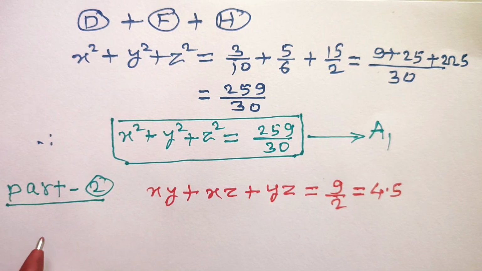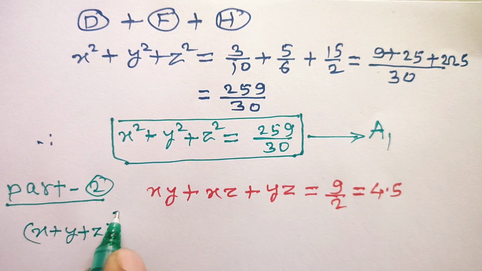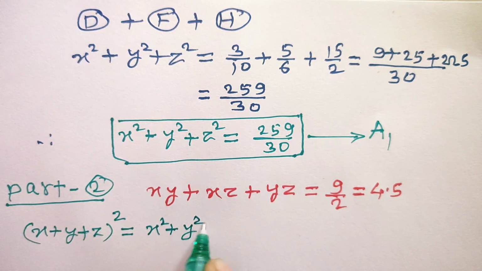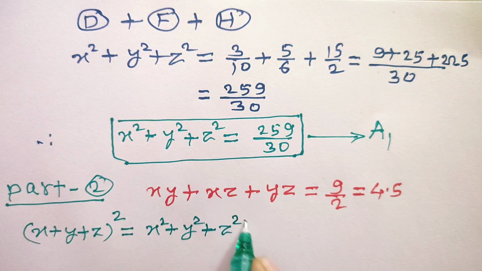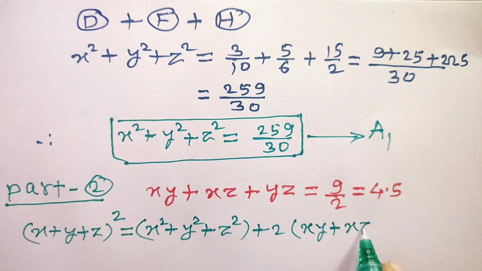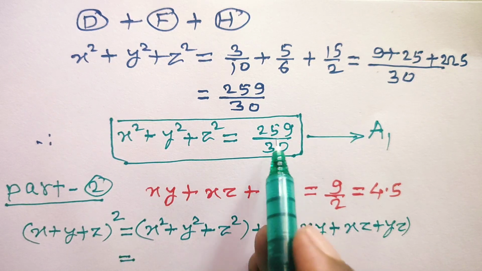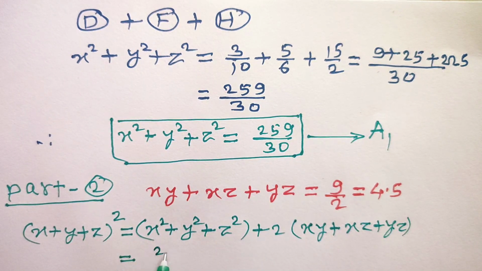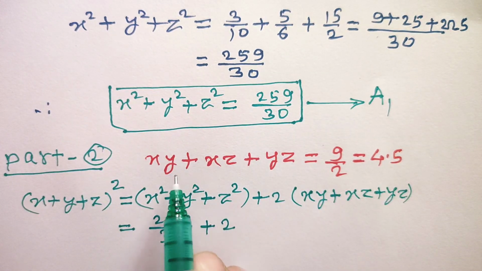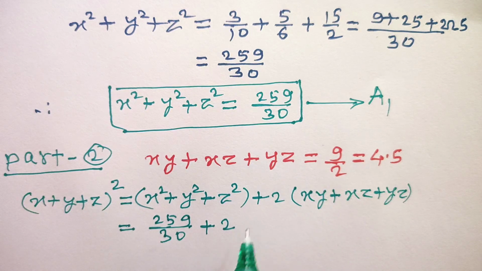And we know the formula, x plus y plus z square of this is equal to x square plus y square plus z square plus 2 times xy plus xz plus yz. X square plus y square plus z square is equal to 259 divided by 30 plus 2 times xy plus xz plus yz is equal to 9 upon 2.